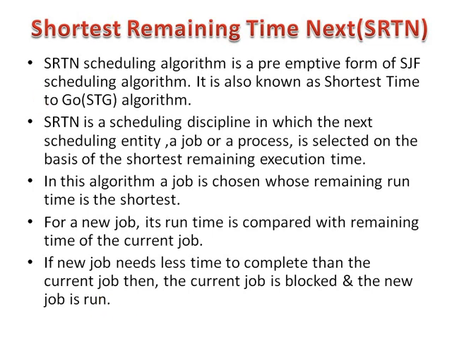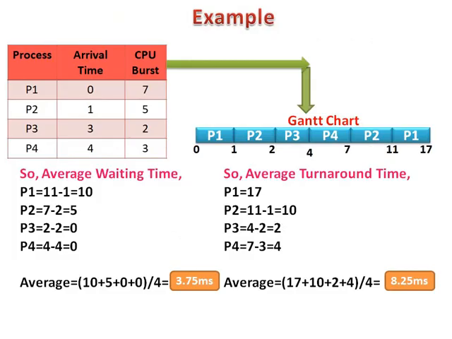Let's see the example. In this example, suppose there are 4 processes that are P1, P2, P3 and P4. These are the 4 processes in the operating system, and their respective arrival times are given here, and here is the CPU burst.